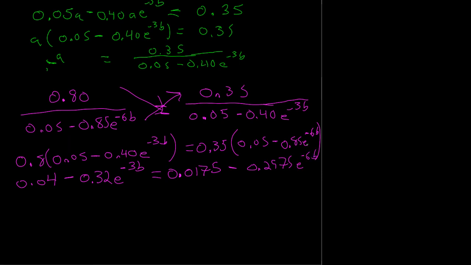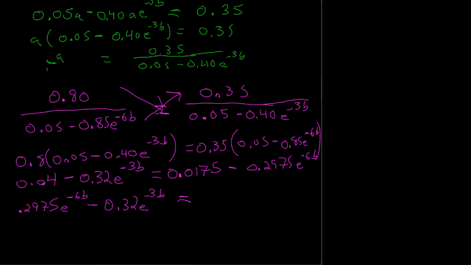All right, I'm going to get the terms that have e together. And I'm going to do that by adding this to both sides. So I get 0.2975. It's going to be positive coming over here. e to the negative 6b minus 0.32 e to the negative 3b. And I'm going to bring the constants together.